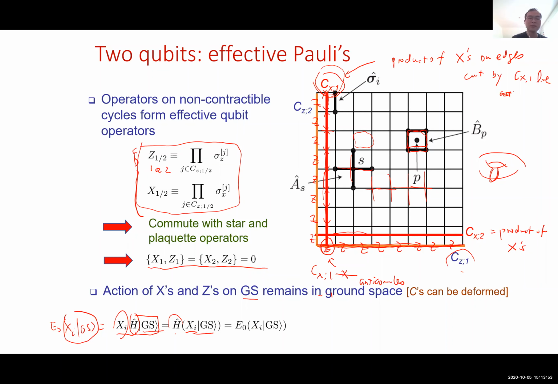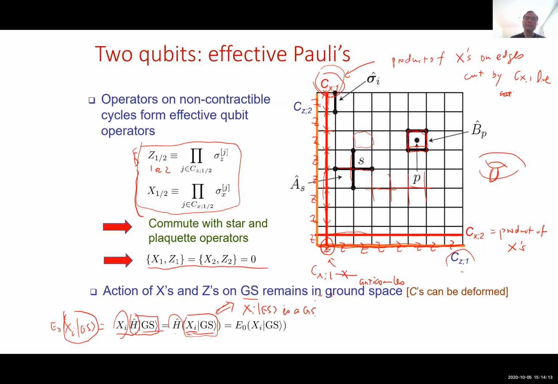That means that the Hamiltonian acting on this is also a ground state. This is also a ground state. This basically means X_i acting on G is a ground state as well.